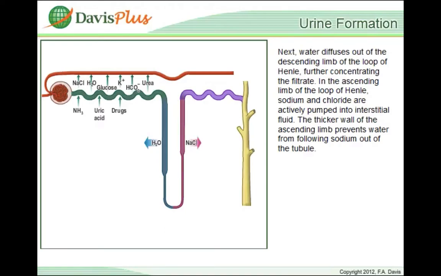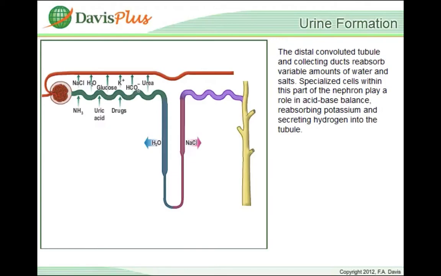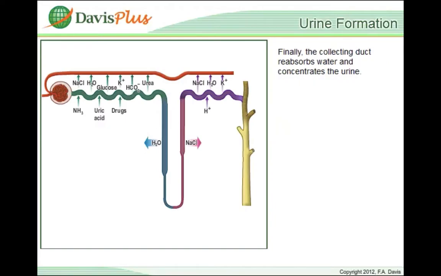The thicker wall of the ascending limb prevents water from following sodium out of the tubule. The distal convoluted tubule and collecting ducts reabsorb variable amounts of water and salts. Specialized cells within this part of the nephron play a role in acid-base balance, reabsorbing potassium and secreting hydrogen into the tubule. Finally, the collecting duct reabsorbs water and concentrates the urine.